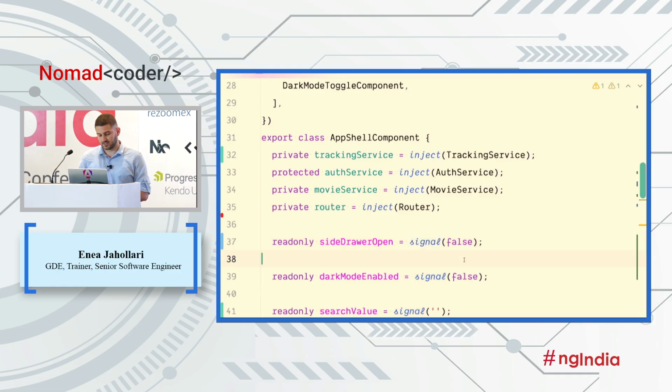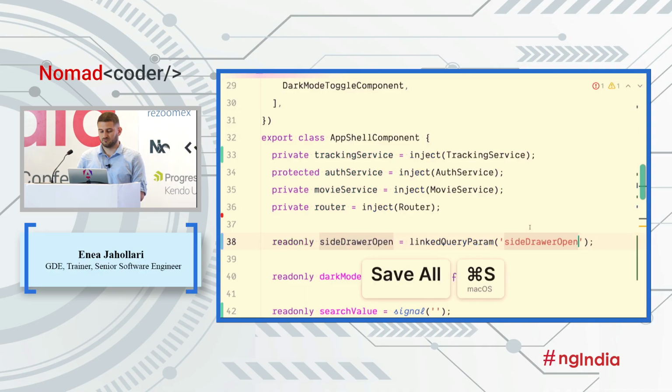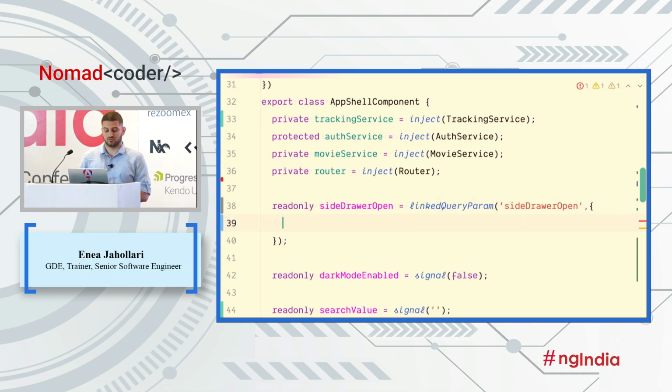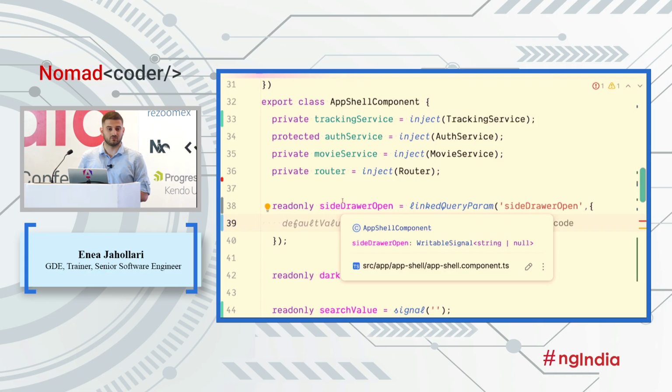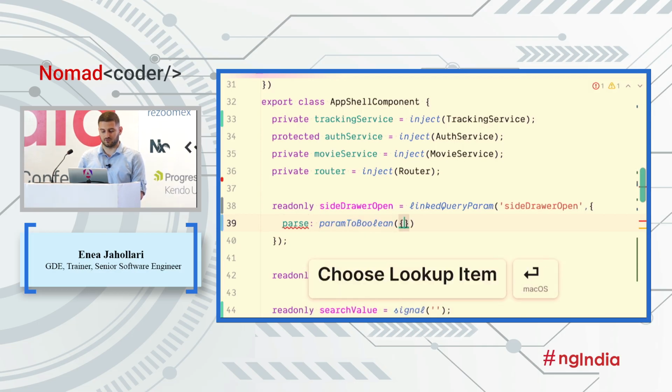What I can do is say, I want it to be a linkQueryParam to my sideDrawerOpen key. And of course, here I have to specify the type, because this is now string or null, but I want it to be a boolean. So I can say parseParamToBoolean with a default value of false, so by default it's closed.